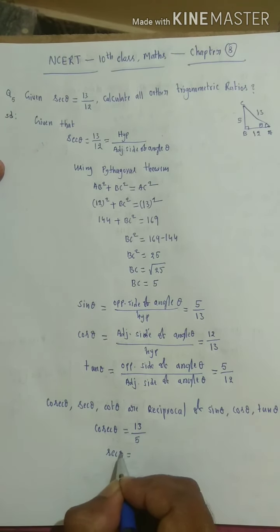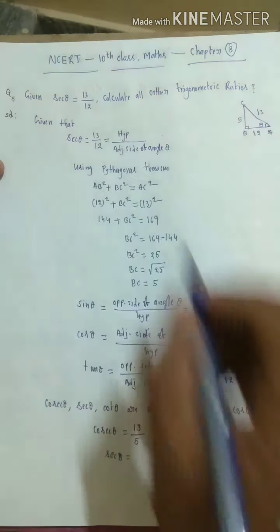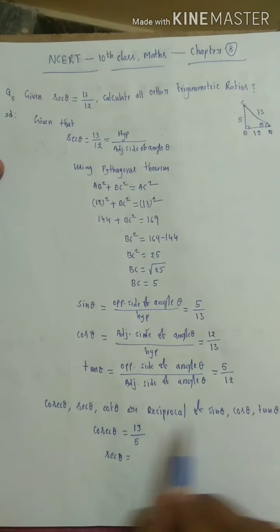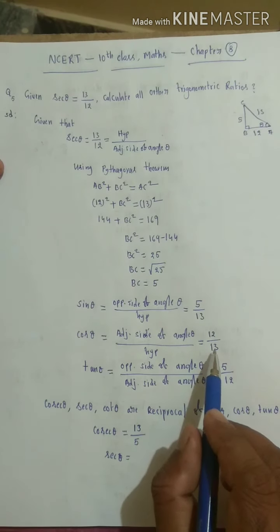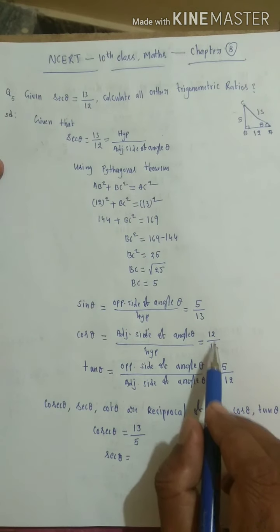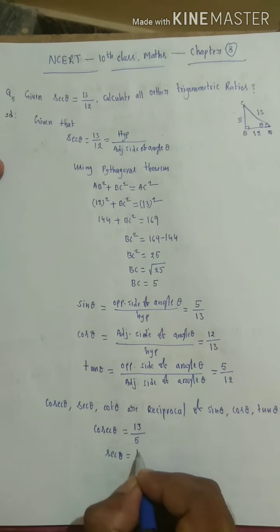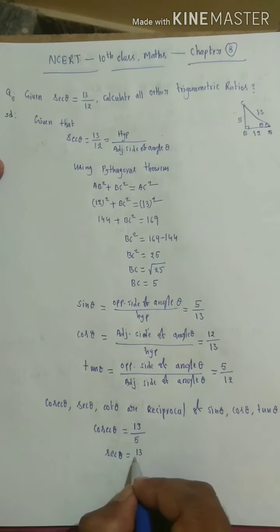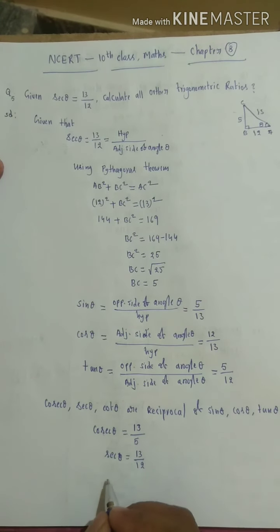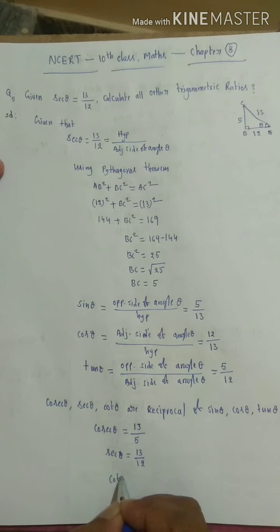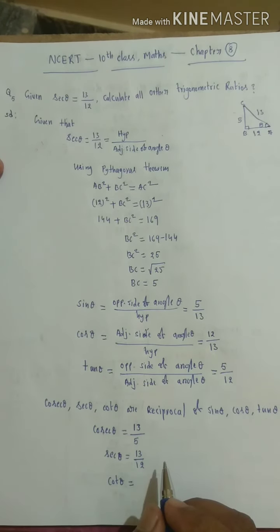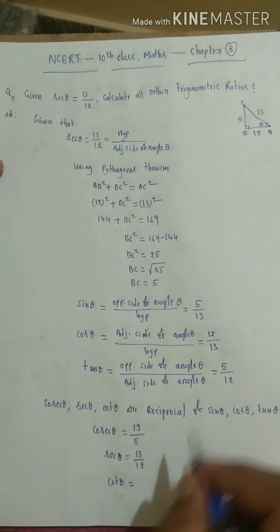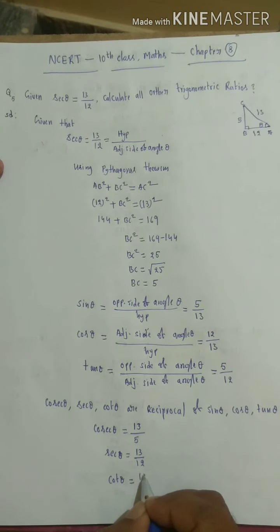Here the given value is secant theta, 13 upon 12. Otherwise the reciprocal of cos theta, 12 upon 13. Interchange the numerator and denominator, 13 upon 12. Next, cot theta. Cot theta is the reciprocal of tan theta. Tan theta value is 5 upon 12. Cot theta value is, interchanging the numerator and denominator, 12 upon 5.